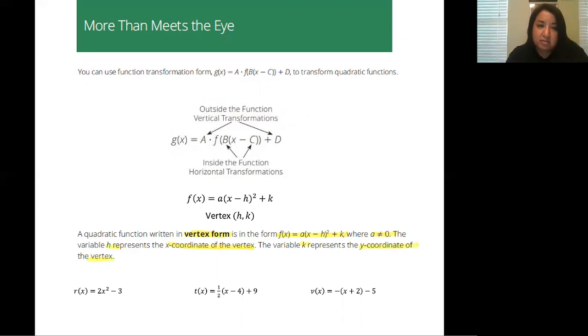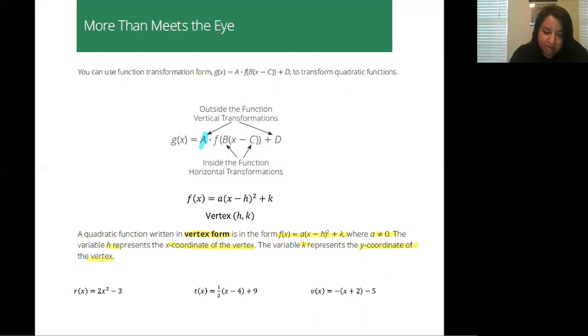So I want you to take a look here at the middle to see how the structure of vertex form looks similar to the structure of the transformation form. What I noticed right away is this a value that's being multiplied by the function. Remember, that was vertical dilations and reflections if that was a negative value.